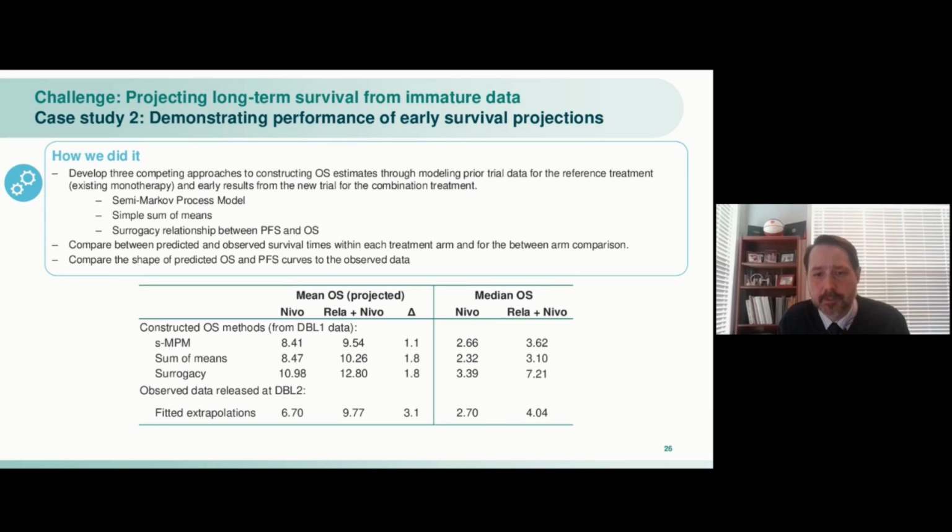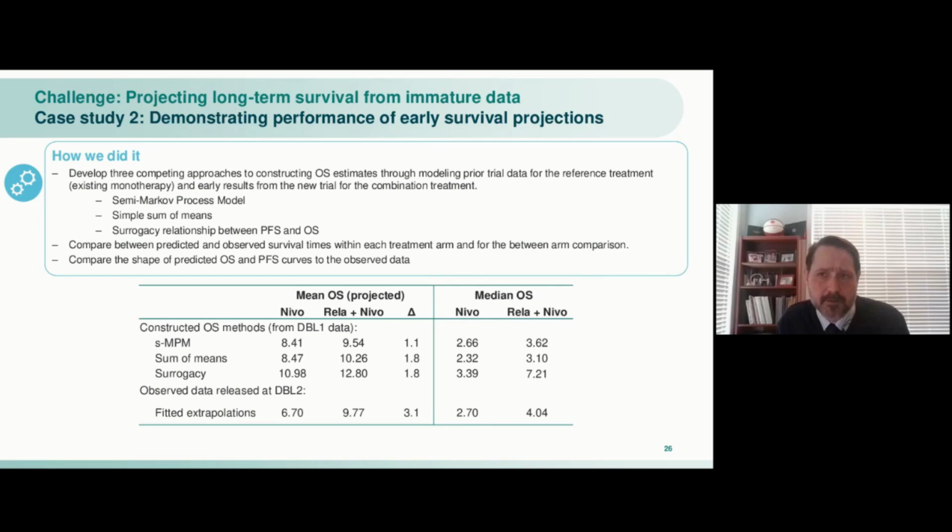And then about 6 months or so later from when this work was going on, the second database cut of the phase 3 study was released, and we at that point had access to conduct parametric modeling for the overall survival from that study. And at that point, we prepared this comparison.